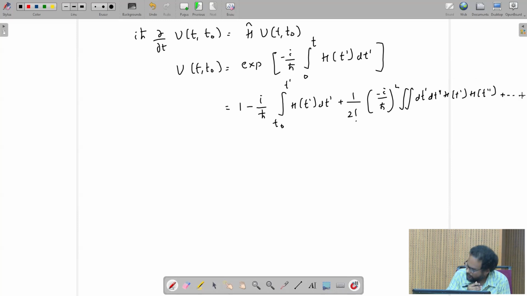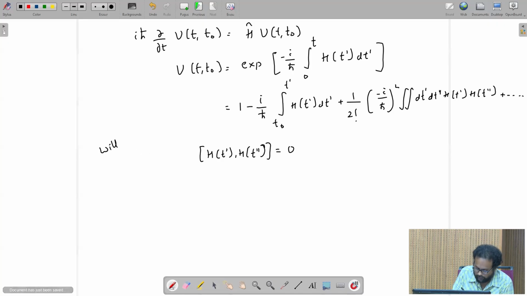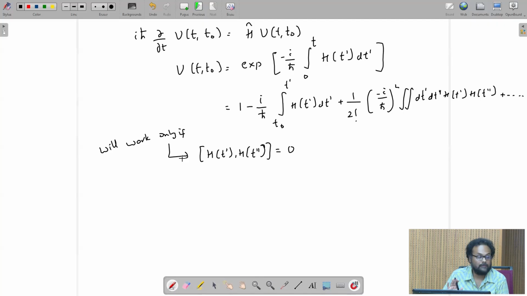Seems a pretty reasonably good expansion to solve out, but you will see that this is not a general solution, and it will only work if I have this condition, this relationship. Otherwise, I will not be able to write it out like this. Which is a very specific condition, and particularly in ultrafast spectroscopy, mostly it's not valid.